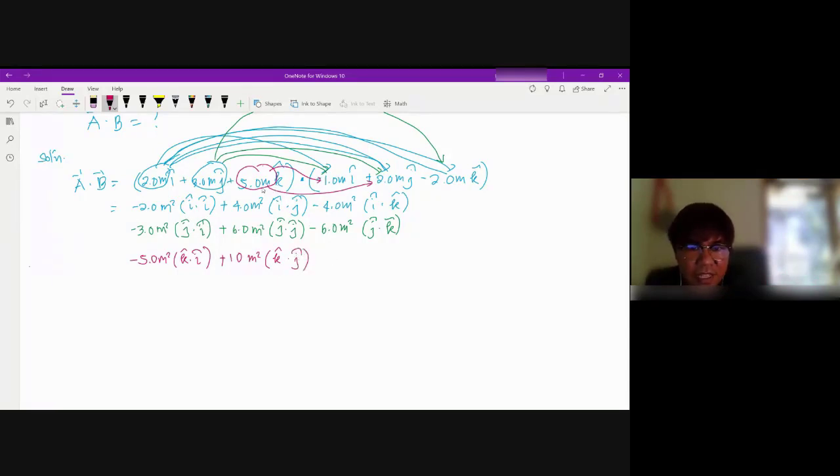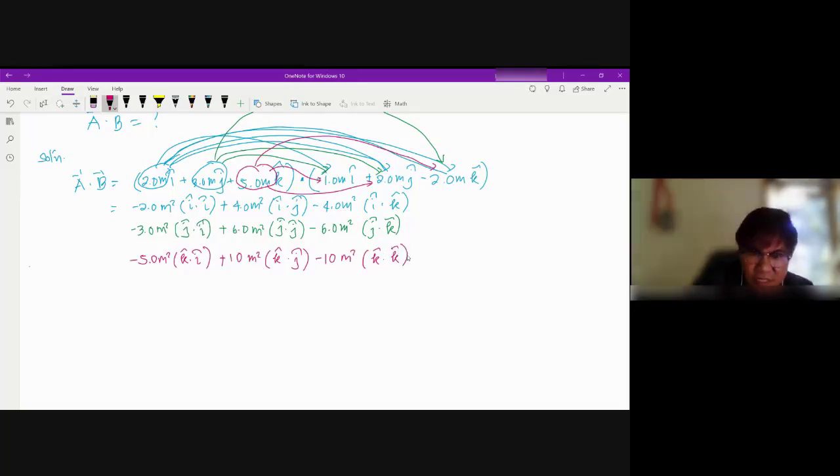Then lastly, this one times this one: positive 5 times negative 2, that is negative 10 m squared, and then you have k hat dot k hat. Okay? Can you follow?